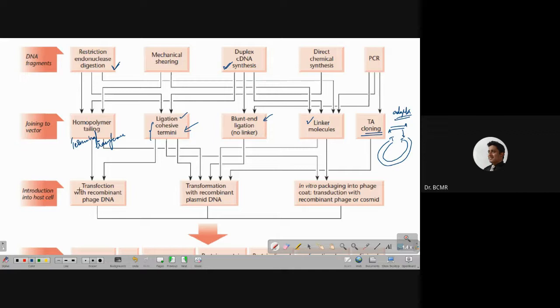And then we have a choice of the host. When we were discussing vectors, we did discuss many hosts. E. coli is the most common one used; the majority of the vectors are manipulated in E. coli.